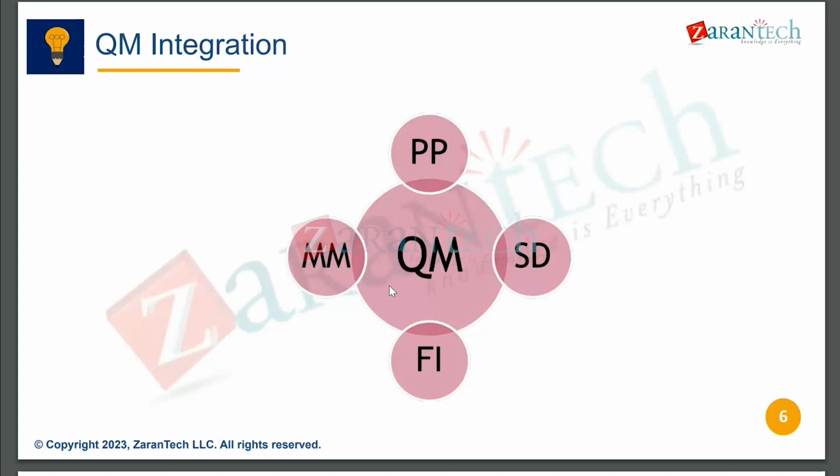Here one more inspection is there, that is final inspection. Once the production has happened and it is on the shop floor, ready for delivery, it is called a finished product. But quality has to give the clearance first to deliver to the customer.